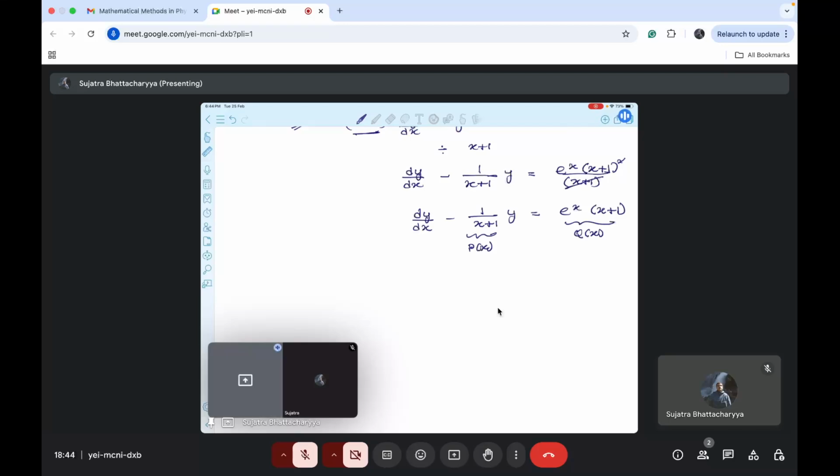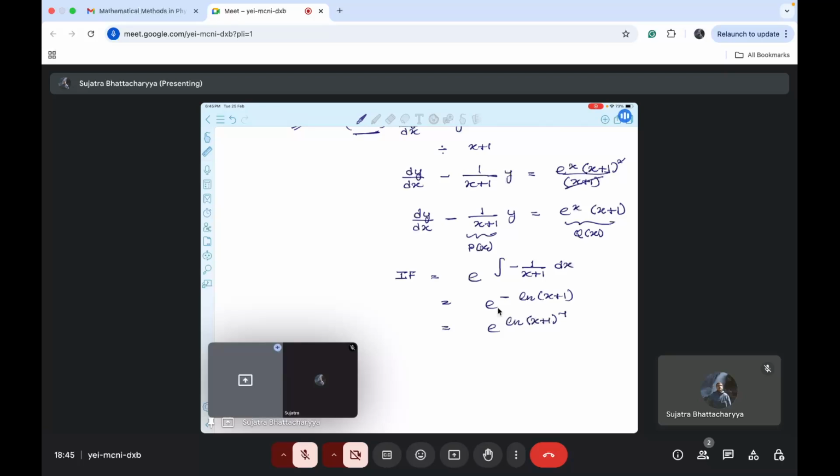Now we can solve it using the integrating factor method. So what will be the integrating factor? The IF is e to the power integral of p(x) dx, including this negative sign. So it will be the integral of −1/(x + 1) dx. Therefore it will be e to the power −log(x + 1), which is e to the power log of (x + 1) inverse.